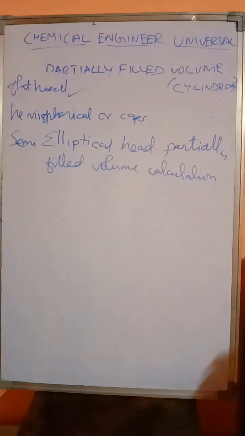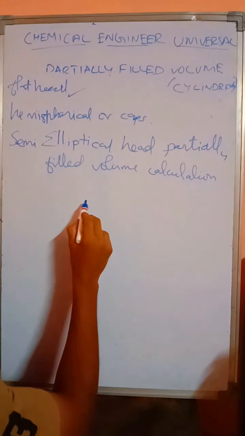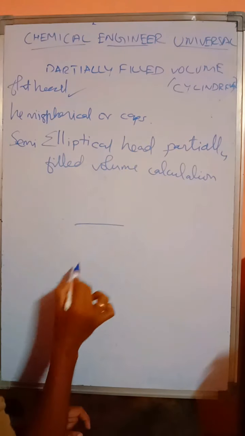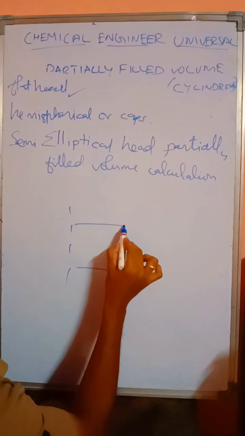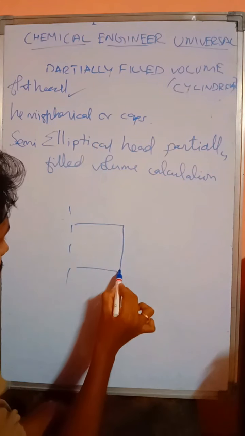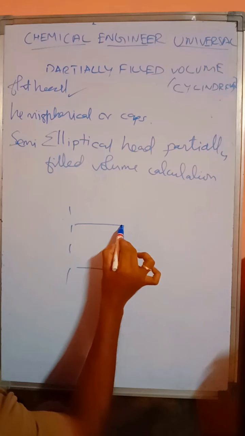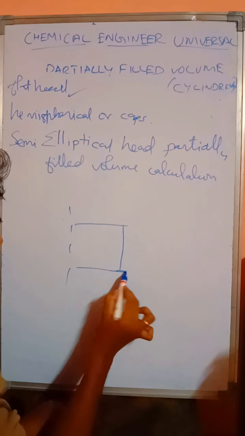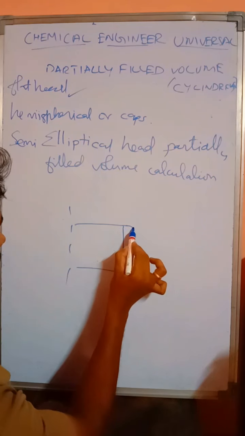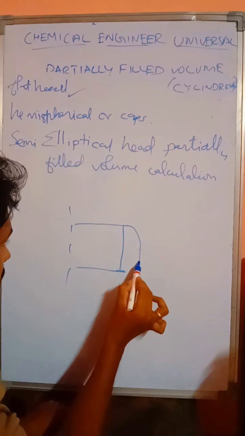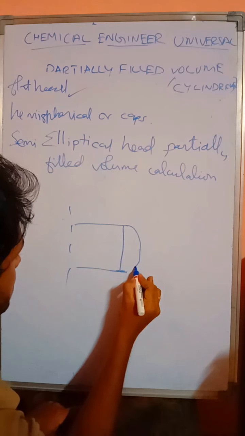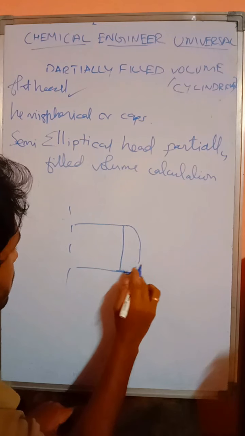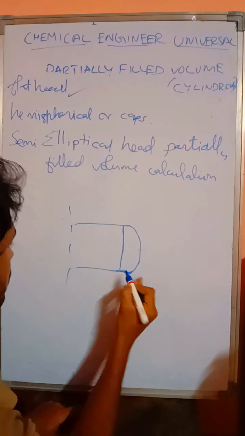So semi-elliptical na eppadi irukum? First thing is the same cylindrical, just take the half part. So this is the first cylindrical part, flat part, a little bit of extension. This will not be hemispherical type, it will be like this, right?